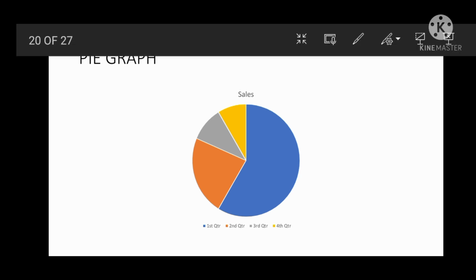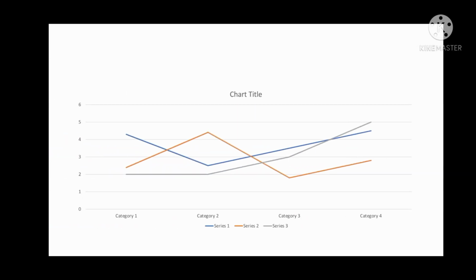And lastly, this type of graph is known as the line graph. So a line graph is best used for looking at changes over time.